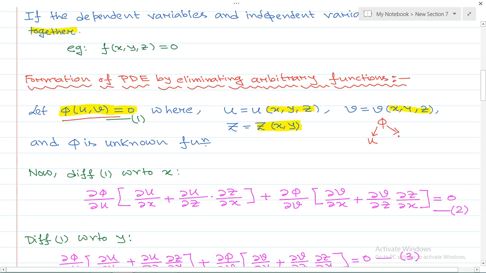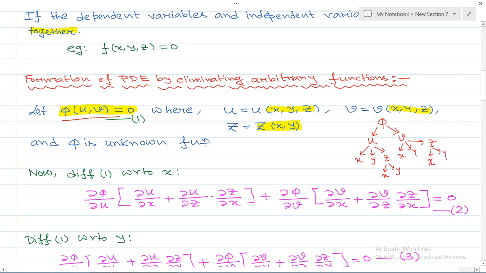But u depends on x, u depends on y, u depends on z directly. Similarly, v depends on x, v depends on y, and v depends on z. If we expand it further, z depends on x and z depends on y, and here also z depends on x and z depends on y.